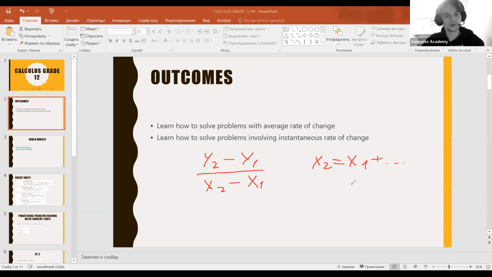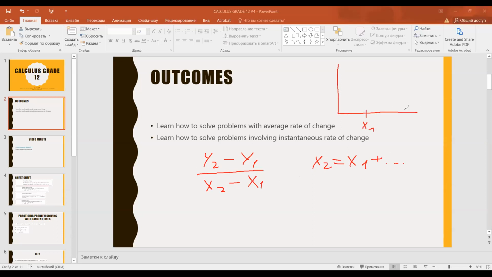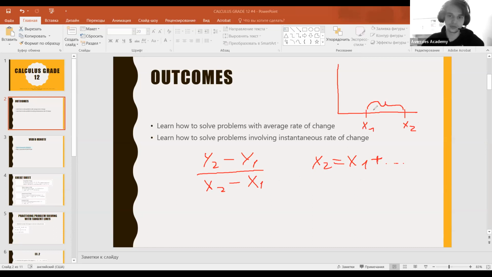What is this something? If we have a graph and x1 is here, x2 is here, this term that we're adding is the difference between these 2 points. It was h. Yes, exactly.